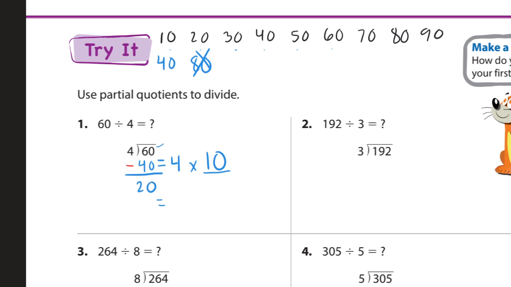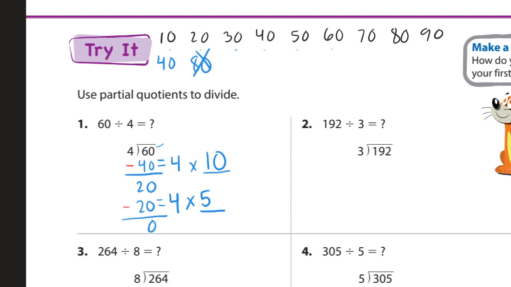And now I have to ask myself again, because I'm not done. I'm not at 0. I'm using that same number, my divisor. 4 times what number is going to give me 20 or something close to 20? Again, I ran into a multiplication fact that I know. 4 times 5 is 20. I subtract, and now I get 0.